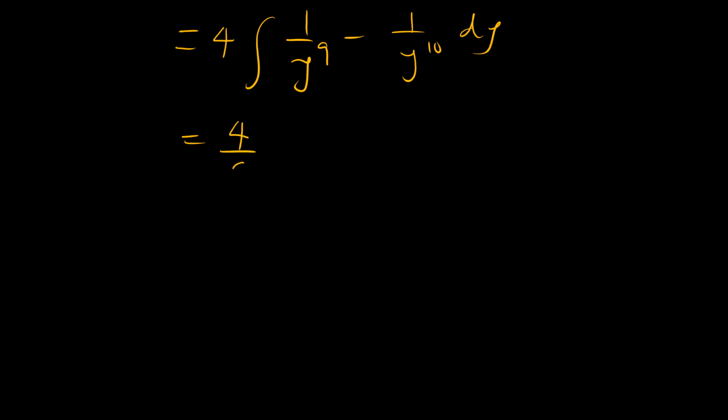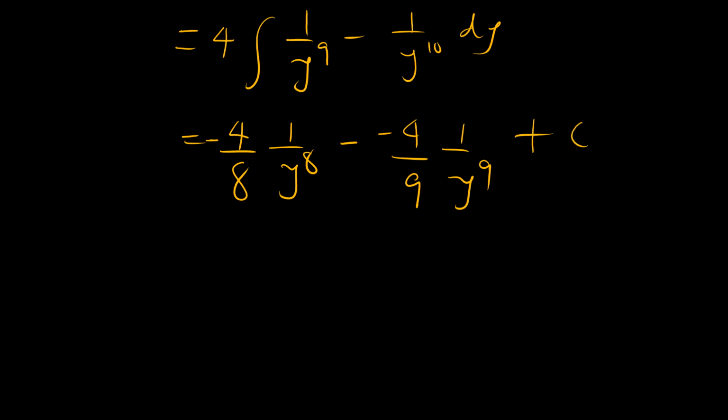Since our integral becomes 4 times (1 over y to the 9 minus 1 over y to the 10) dy, this now becomes 4 over 8, with a negative, y to the 8, and negative 4 over 9 y to the 9, plus the integration constant.